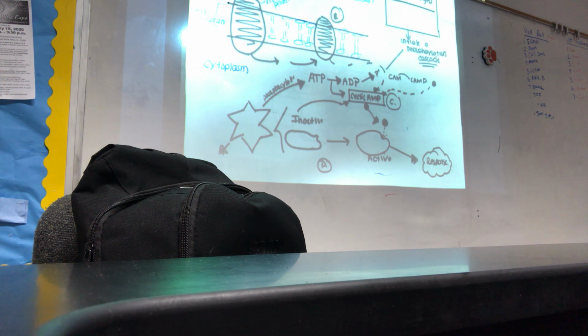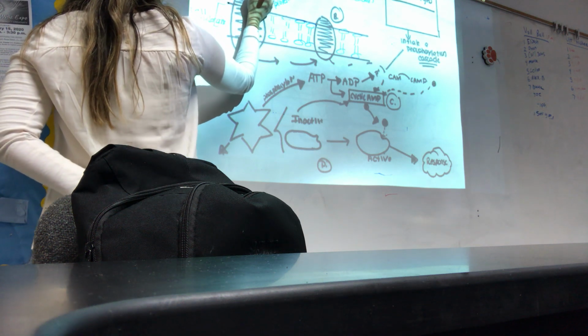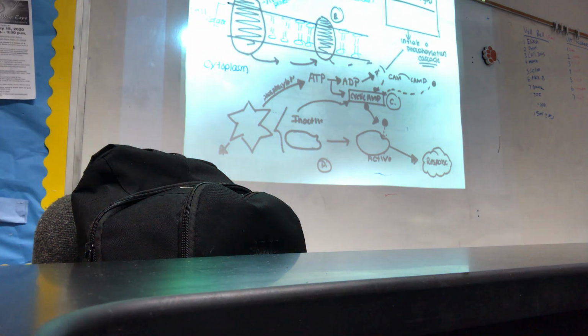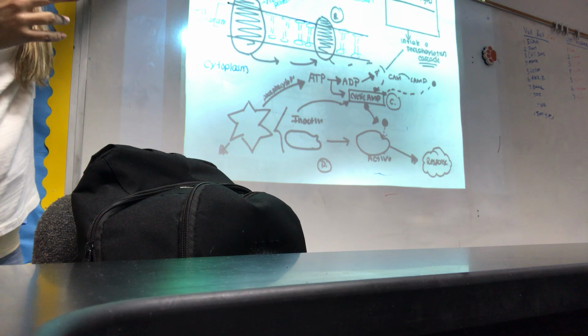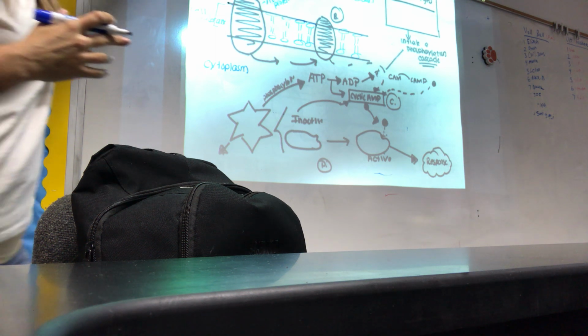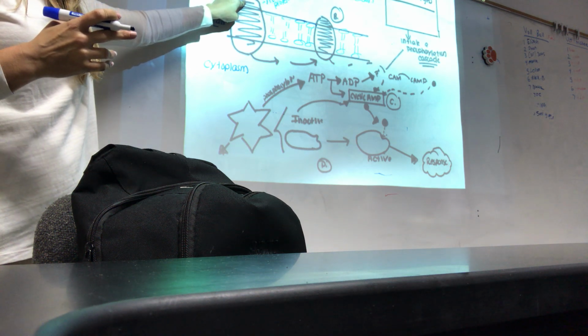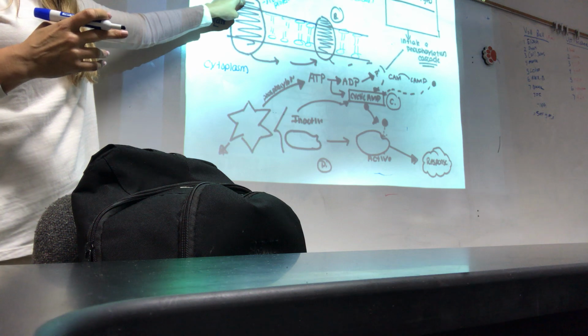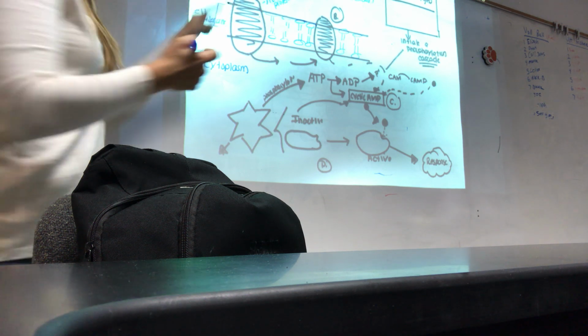Now, you see how this matches the shape of that? That's what I mean by being compatible with each other. This needs to fit in there or nothing happens. If you don't have the right key, are you going to open the door? No. Same idea.